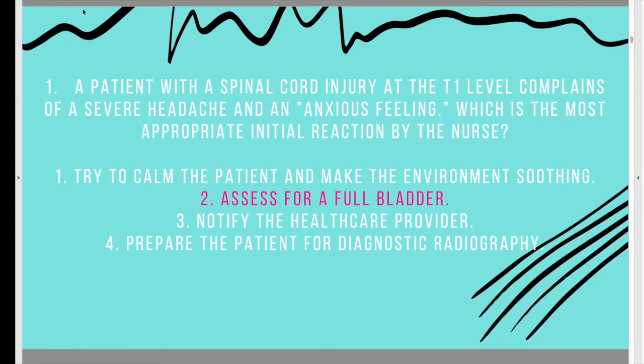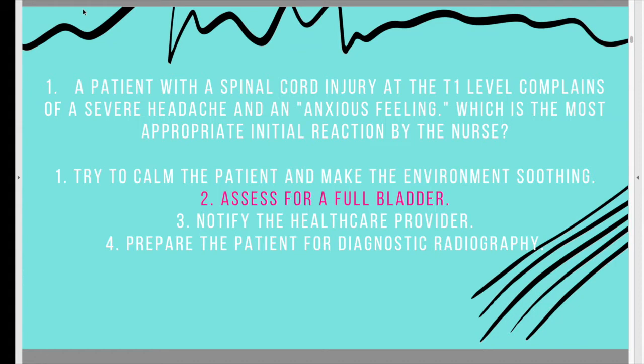Autonomic dysreflexia occurs in patients with injury at level T6 or higher and is a life-threatening situation that will require immediate intervention or the patient will die. So the most common cause is an overextended bladder or bowel.